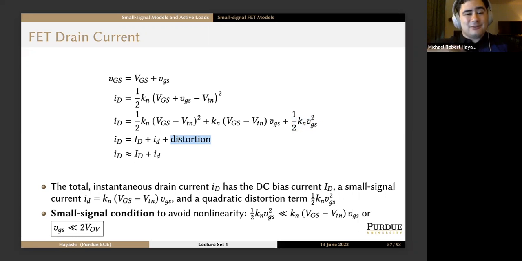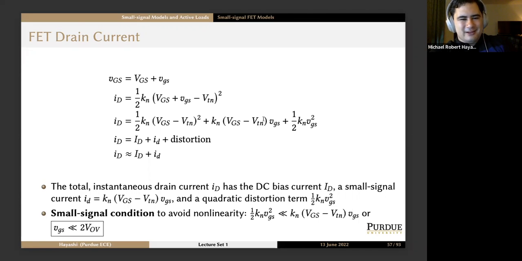What I'm trying to convince you is that if we have sufficiently small signals, we have just the small signal current, little id, and the distortion term that's quadratic goes away. How can we do that?